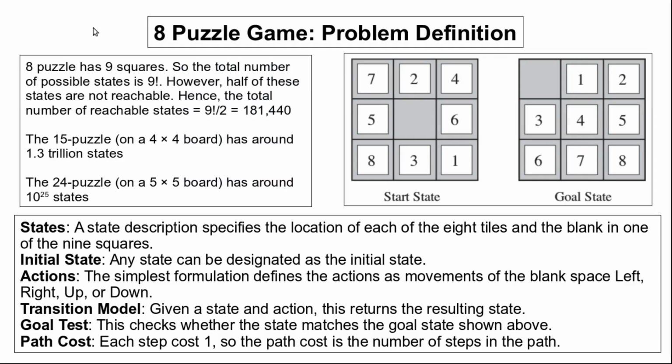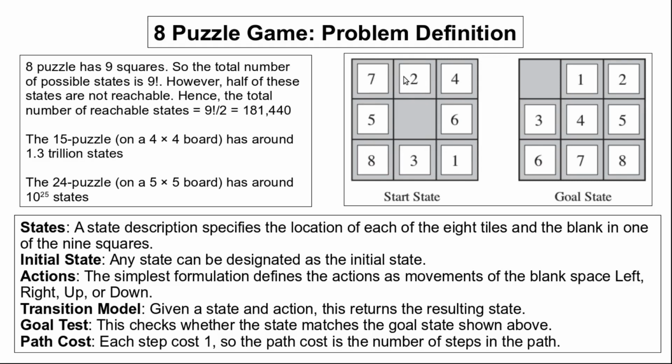Now in the 8 puzzle game, we have 9 squares. So the total number of possible states is 9 factorial. Why 9 factorial? Because the first square we can fill up in 9 different ways. Once the first square has been filled up, the second square we can fill up in 8 different ways.